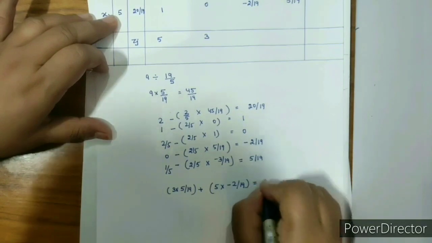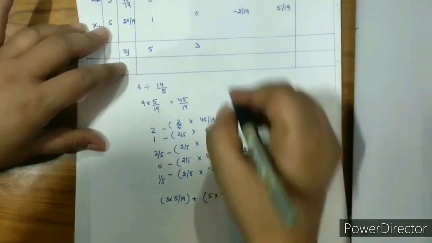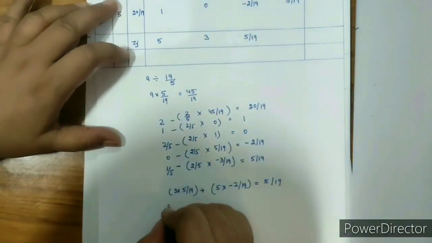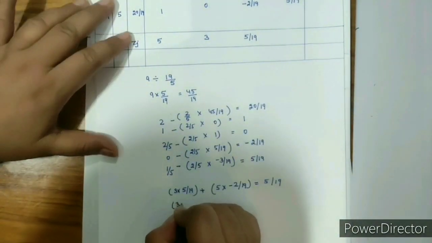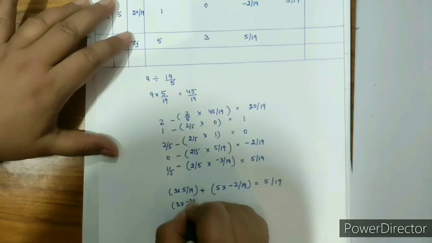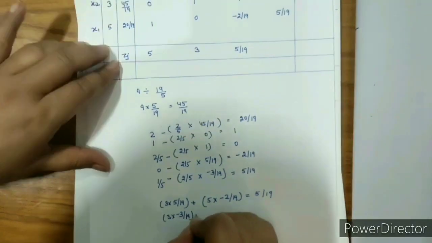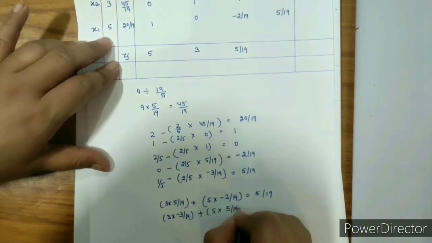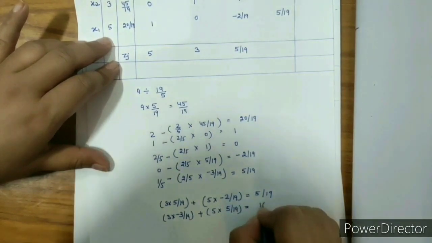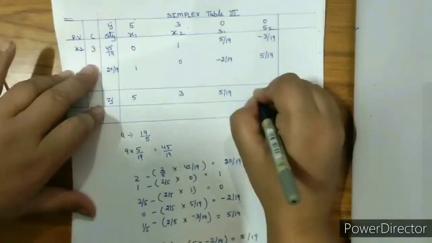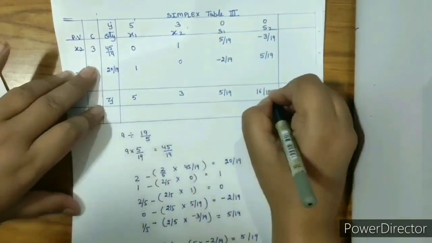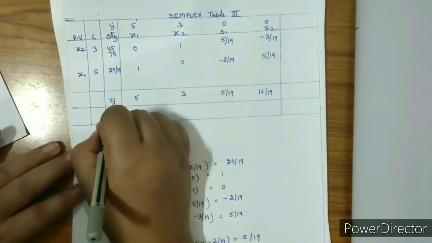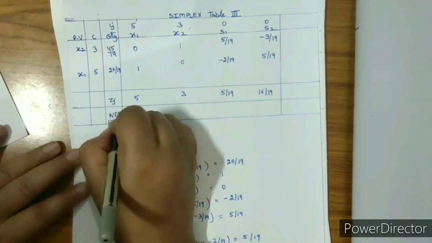The value will be 5 by 19. So we write here 5 by 19. In this situation, 3 into negative 3 by 19 plus 5 into 5 by 19. So we get here 16 by 19.